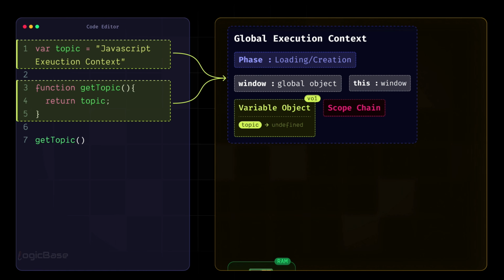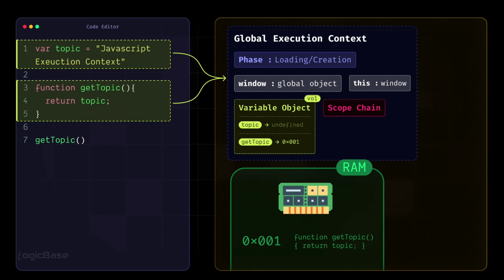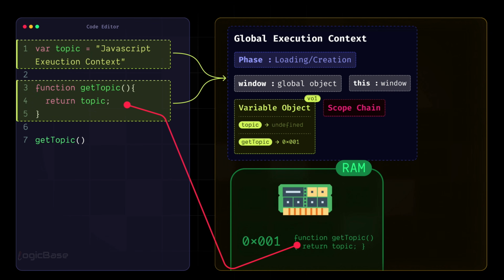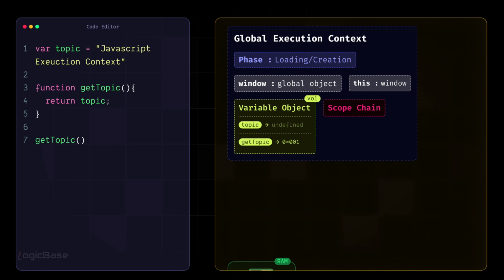But instead of assigning it an undefined value, JavaScript stores a reference to the function, meaning the function's entire structure or body is saved somewhere in memory. So now, through the global execution context, JavaScript already knows that there's a function called getTopic defined in the program. It hasn't executed it yet, but it's aware that such a function exists and might need to be called later during execution.